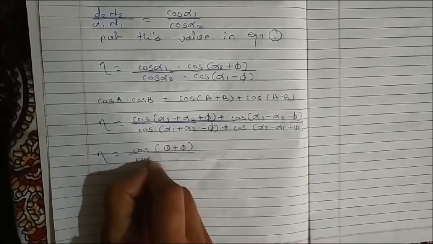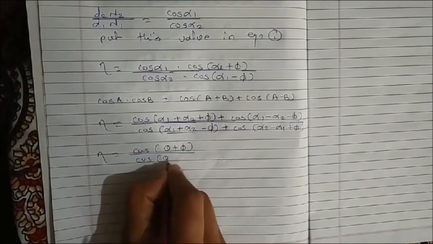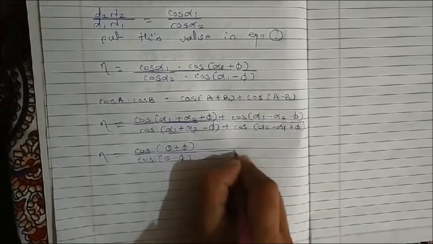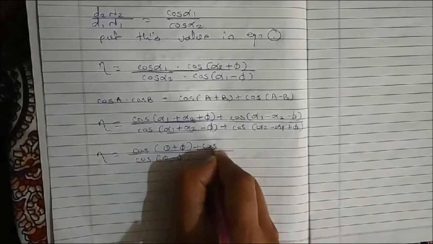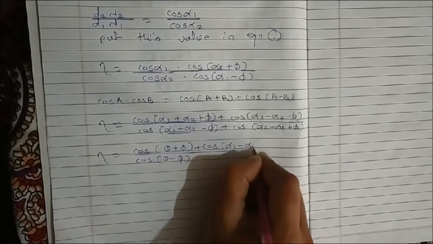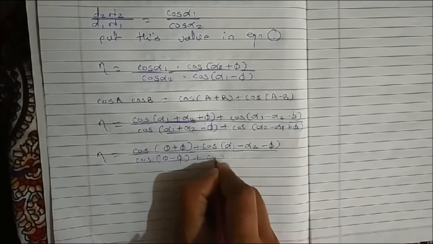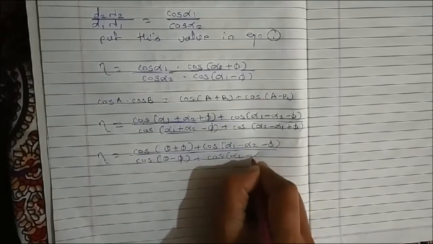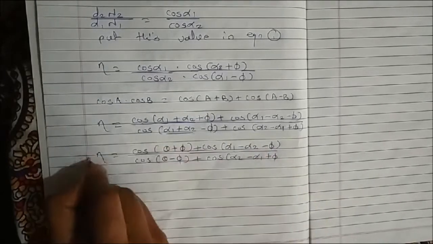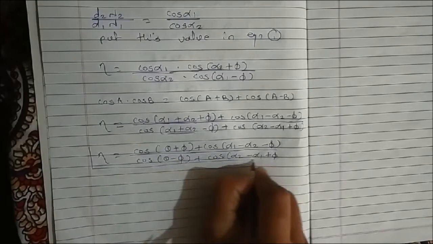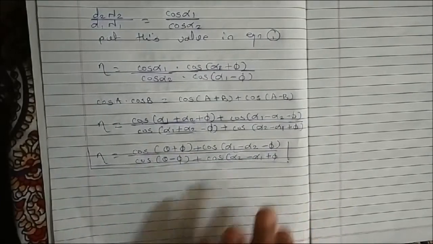Similarly, here cos of alpha 1 plus alpha 2, so it is theta minus phi plus remaining term as it is, cos of alpha 1 minus alpha 2 minus phi divided by cos of alpha 2 minus alpha 1 plus phi. This is the equation for efficiency of spiral gear.